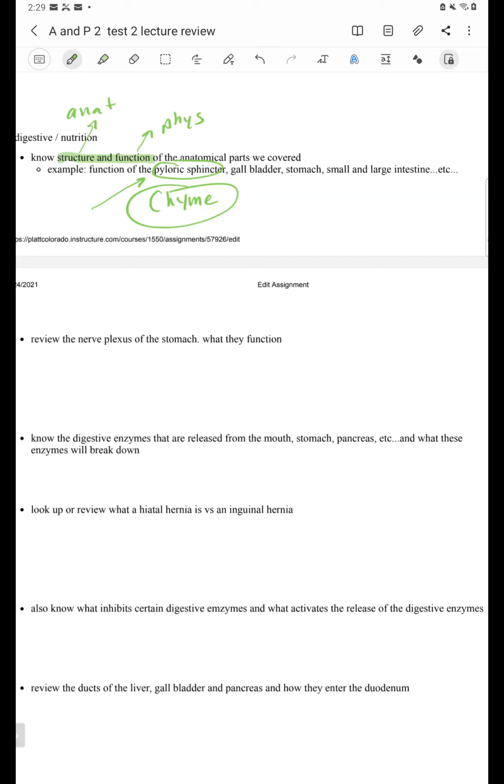And then the large intestine is going to allow you to expel the waste as fecal matter, and you can kind of look at it as your body's last attempt to retain water. So water is absorbed through the large intestine. By the time the fecal matter gets into the sigmoid colon and rectum area, it's more solid and not liquid.